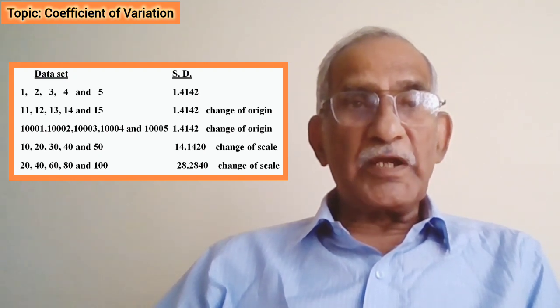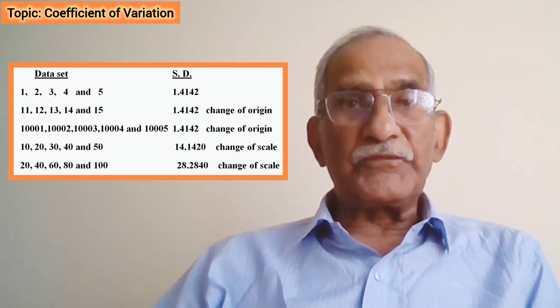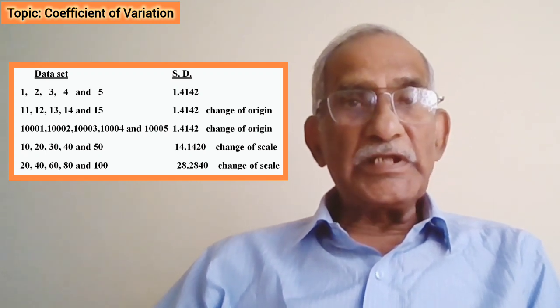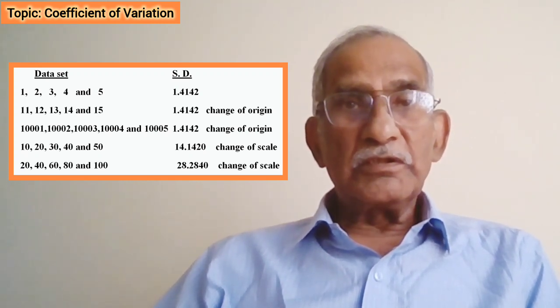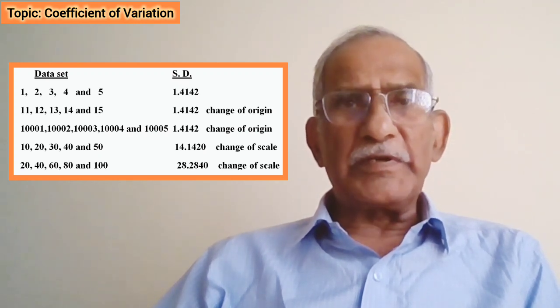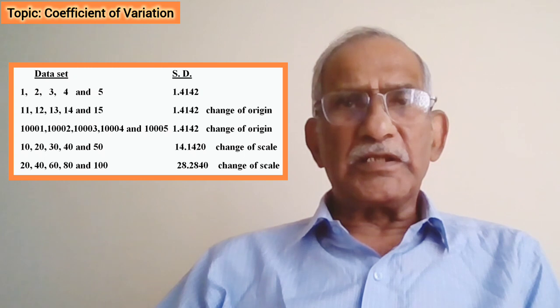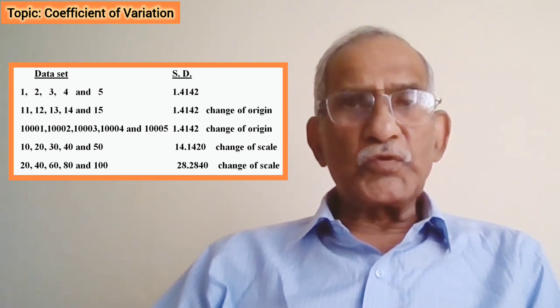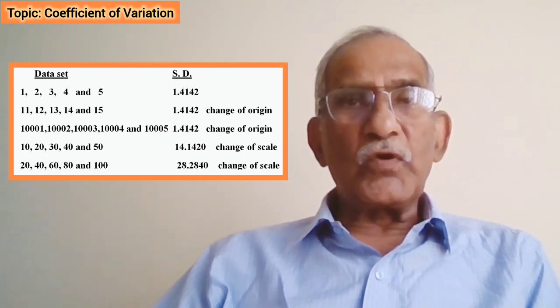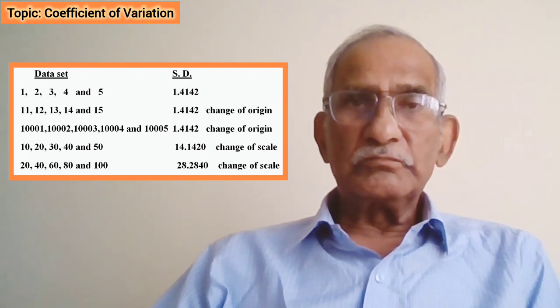And these values have become 10, 20, 30, 40, and 50. Here change of scale has been done. So the standard deviation would also be multiplied by the same constant 10. And it would become 14.1420.